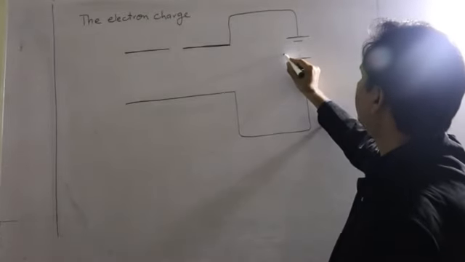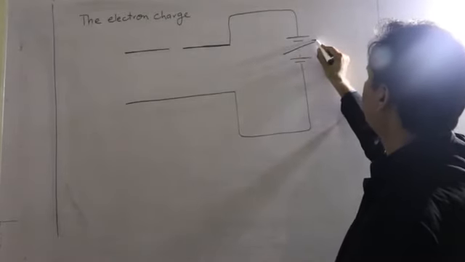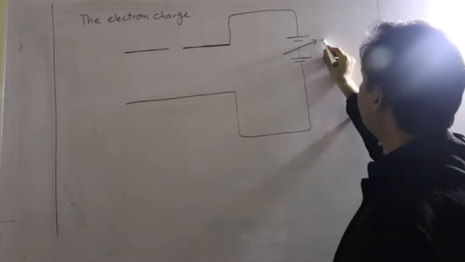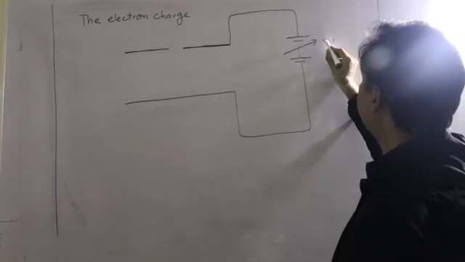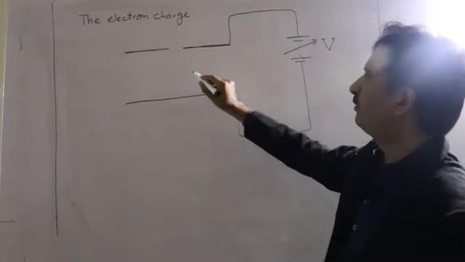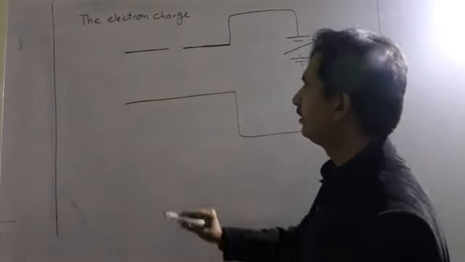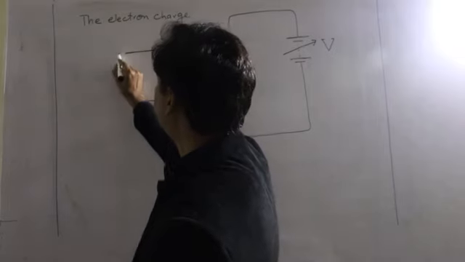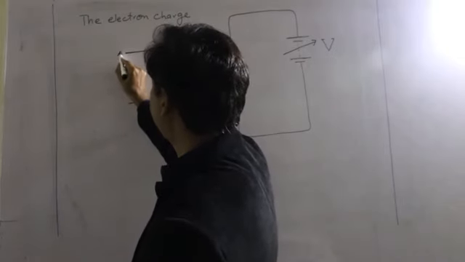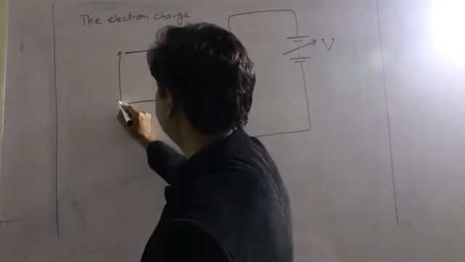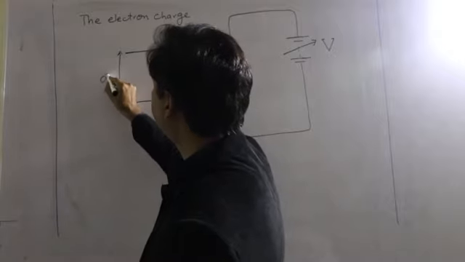This power supply was variable so that he could change the potential difference across the plates. We suppose the separation between the plates was D.